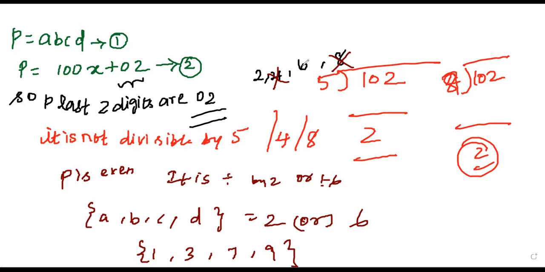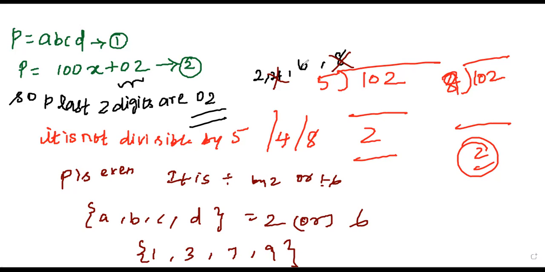In equation 2, you do have the last 2 digits as 0, 2. And from that you can conclude P is not divisible by 5, 4 and 8. So you have the other 7 remaining numbers. Since P is even, we can say it is divisible by 2 or 6. One among A, B, C, D could be 2 or 6.